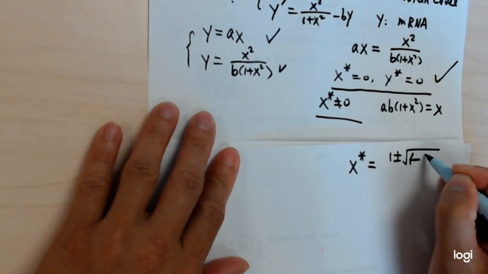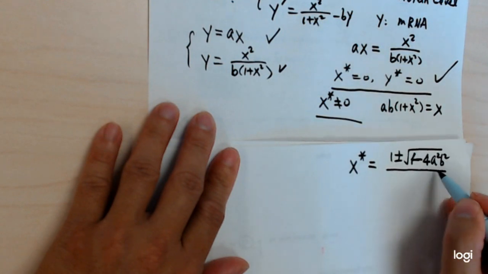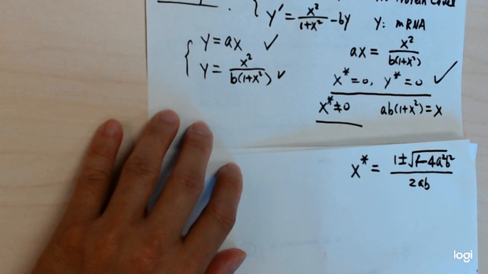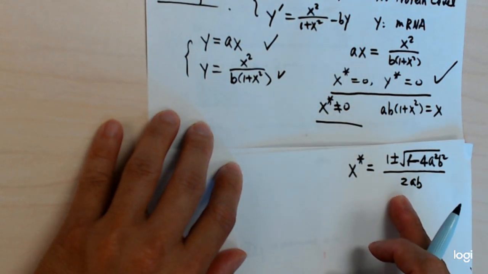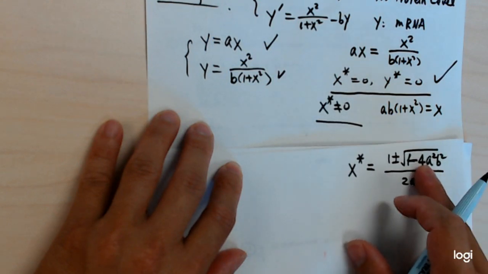Sorry, 1 minus 4a squared b squared. So algebraically, these are the additional equilibriums. Obviously, whether this exists or not depends on this discriminant here.